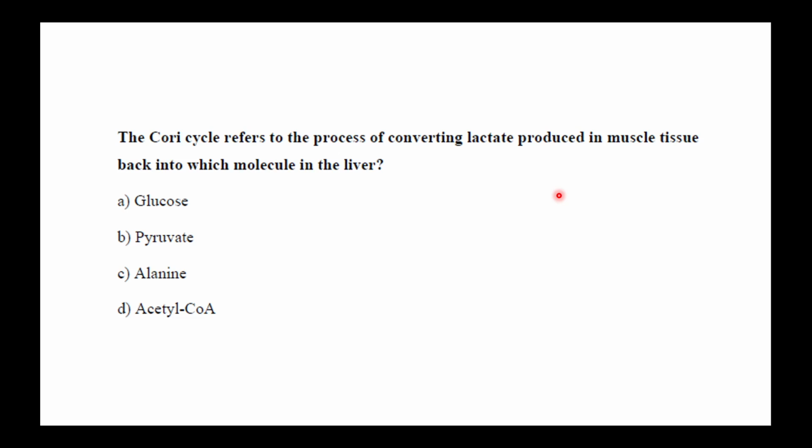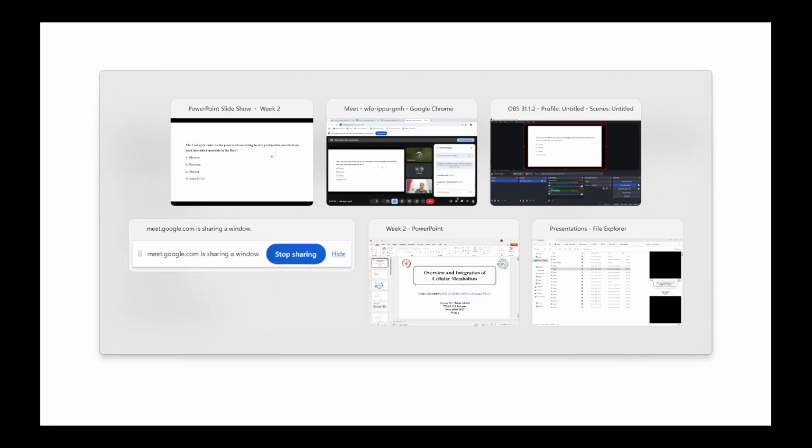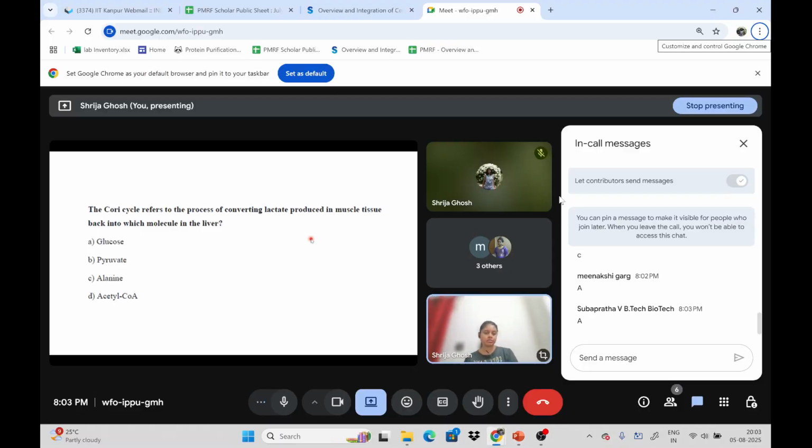Option A glucose, option B pyruvate, option C alanine, option D acetyl coenzyme A.